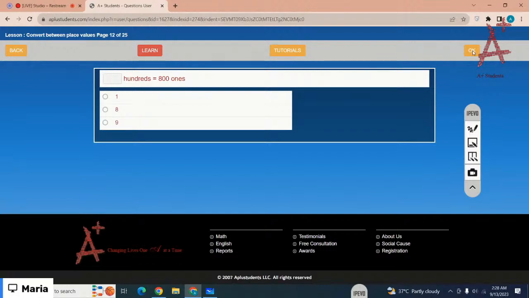800 ones equal how many hundreds? I think something went wrong earlier, 3 or 4 minutes back, right?